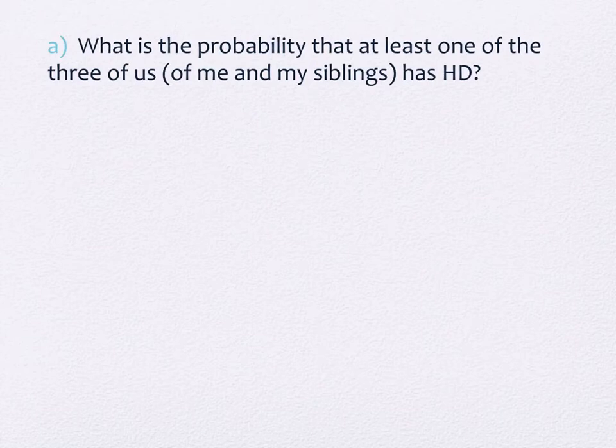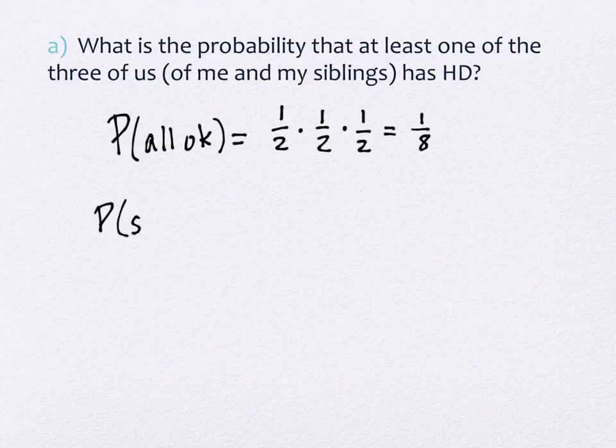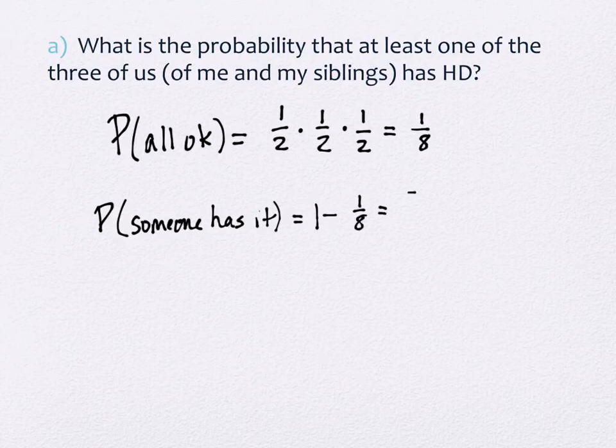So the probability that we're all okay is 1/2 times 1/2 times 1/2. And that's 1/8. Which means the probability that someone is affected is 1 minus that. And 1 minus 1/8 in fraction form would be 7/8.